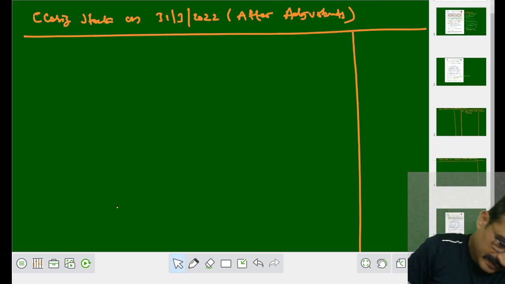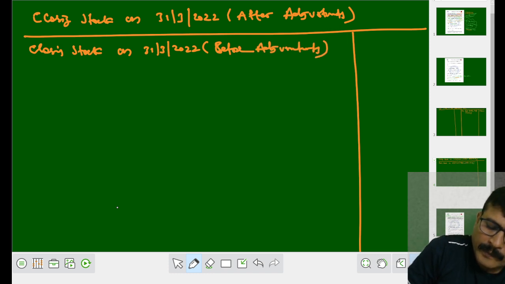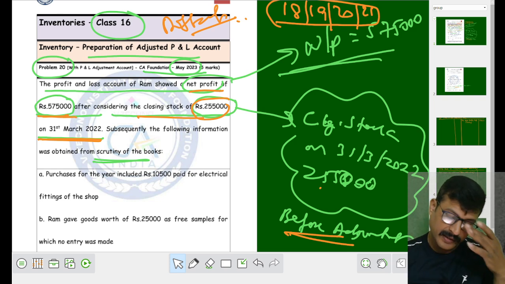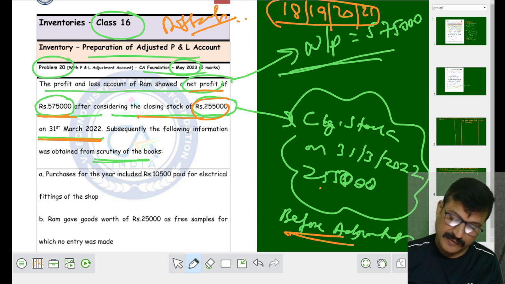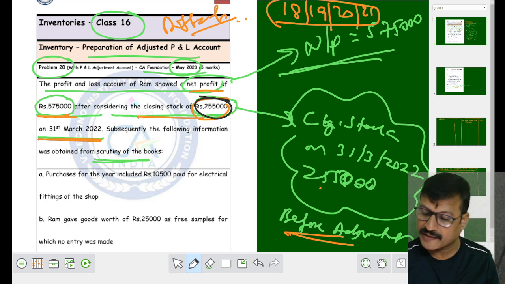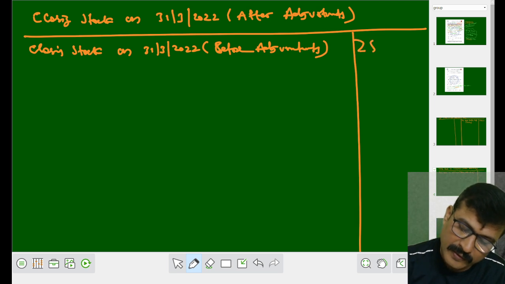So let us write: closing stock on 31st March 2022, before adjustments, an amount of rupees 2,55,000.